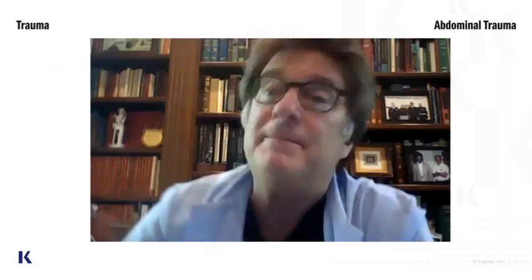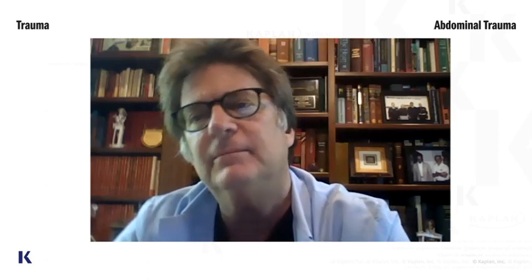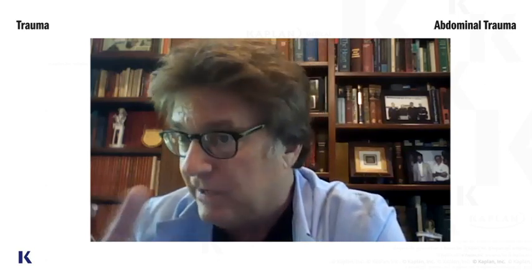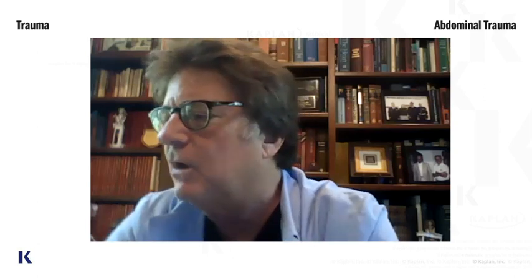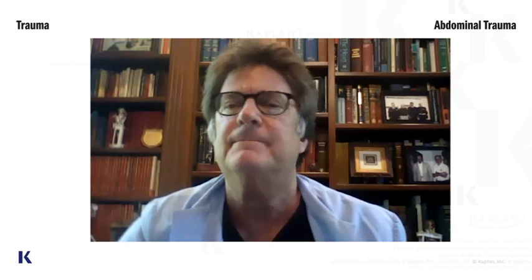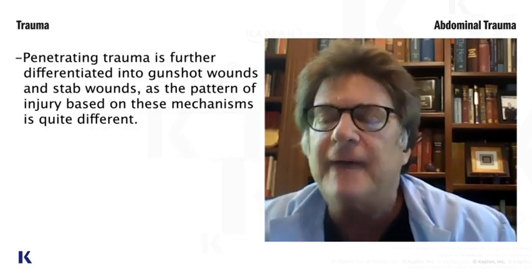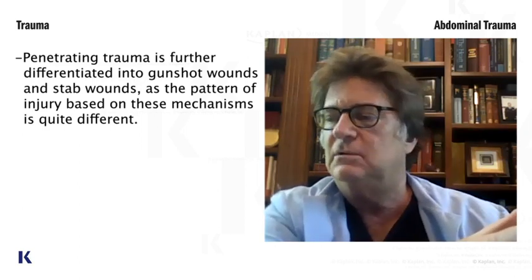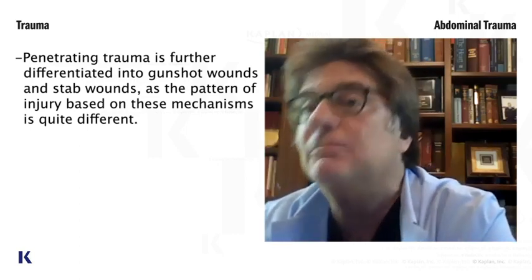So now we get back to abdominal trauma. Now I want to separate abdominal trauma, like we did for the neck, into two areas. Listen carefully, because it's a little bit different, okay? We separate abdominal trauma into gunshot wounds and knife and blunt trauma.